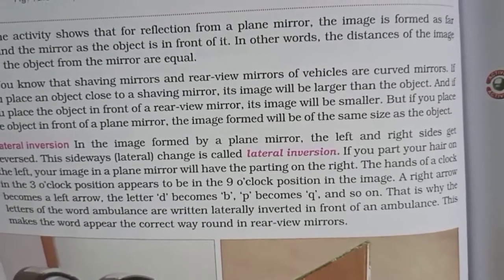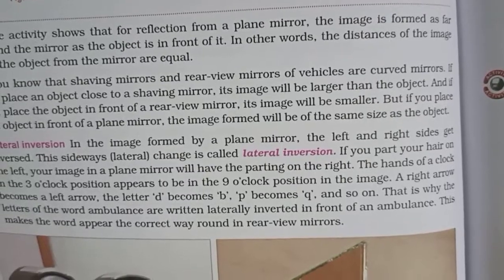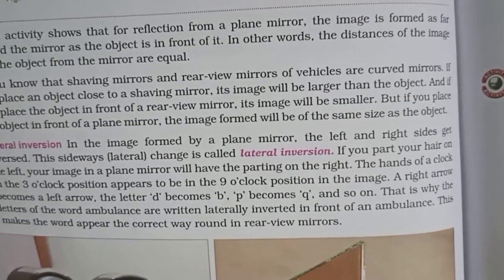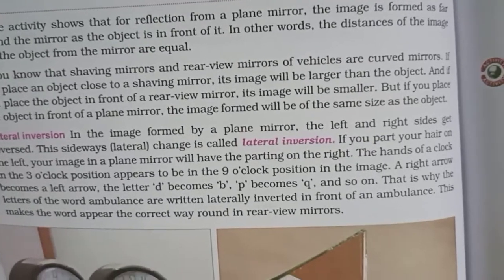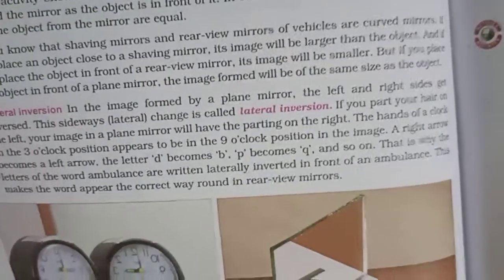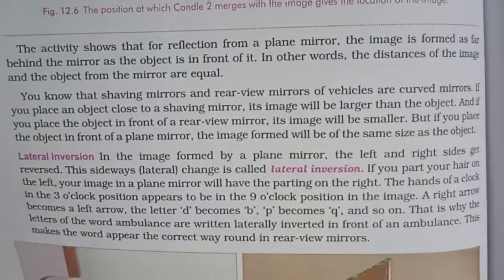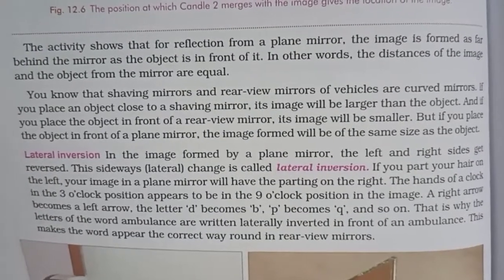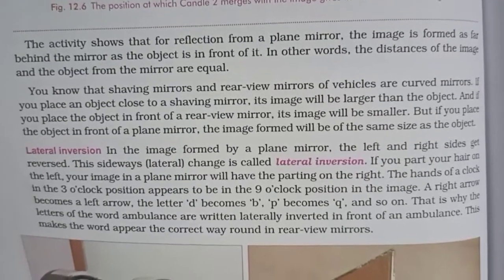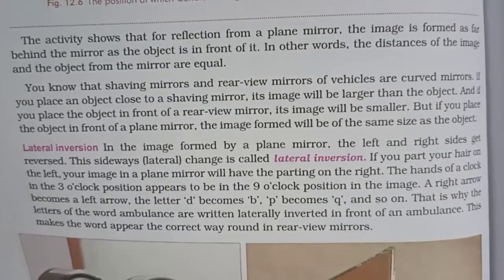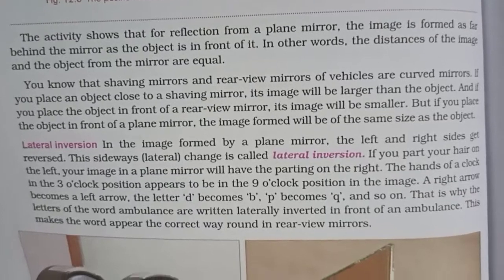So if we are seeing such changes in the plane mirror, when the image is formed in the plane mirror, then we can understand that the fourth property of the image formed by a plane mirror is that the right hand side things appear to be left and the left one appears to be right.